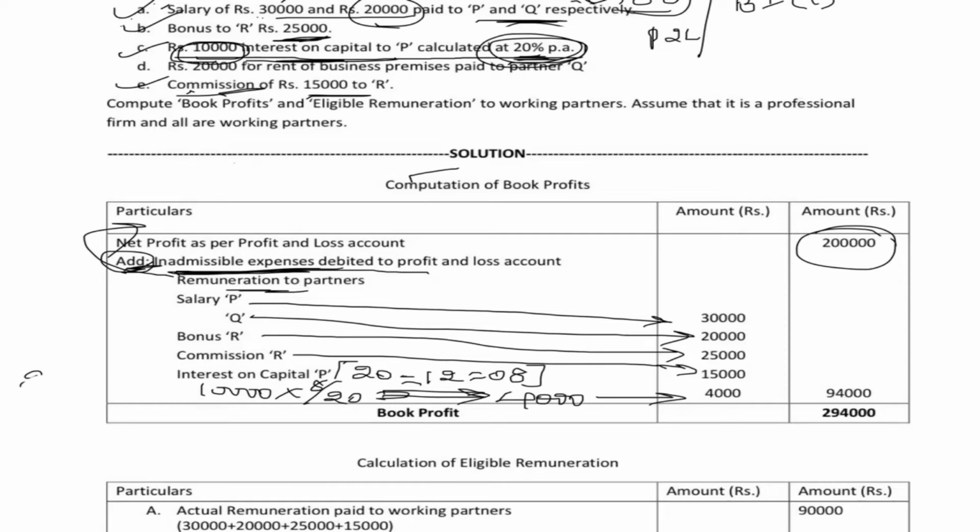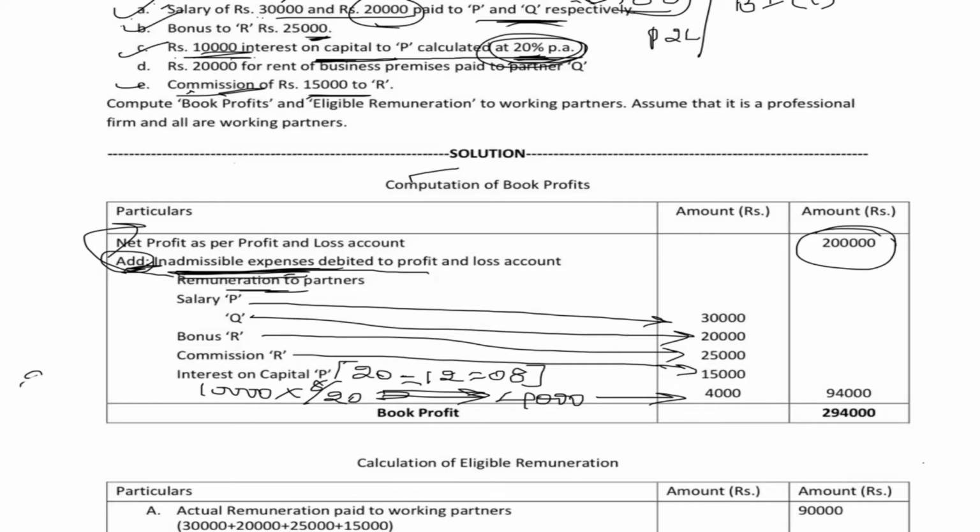Let me repeat the point. Interest on capital to the extent of 12% is admissible, and whatever exceeds 12% will be treated as inadmissible value, and hence such inadmissible value is not deductible, so we will add it back to the net profit as inadmissible expense.